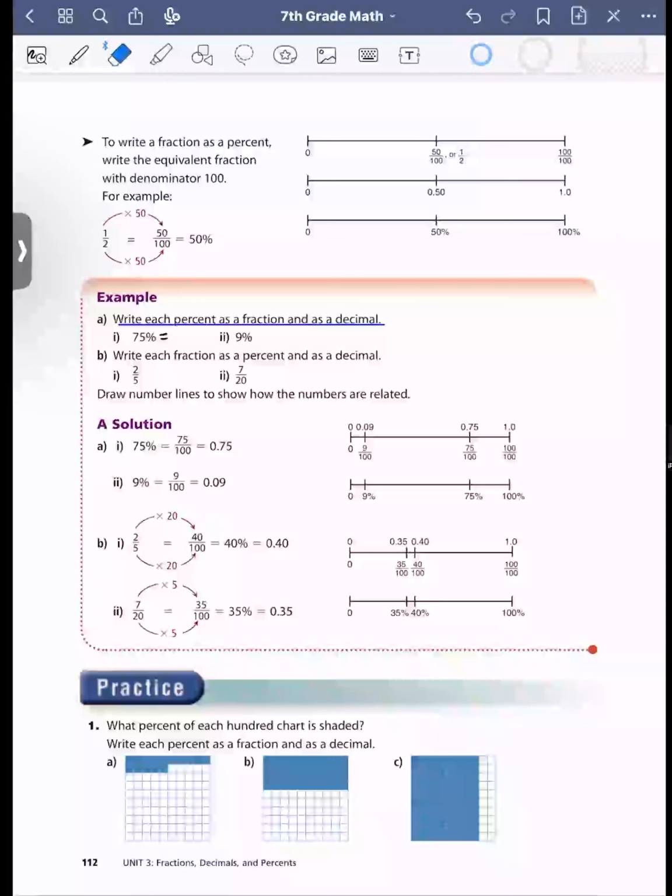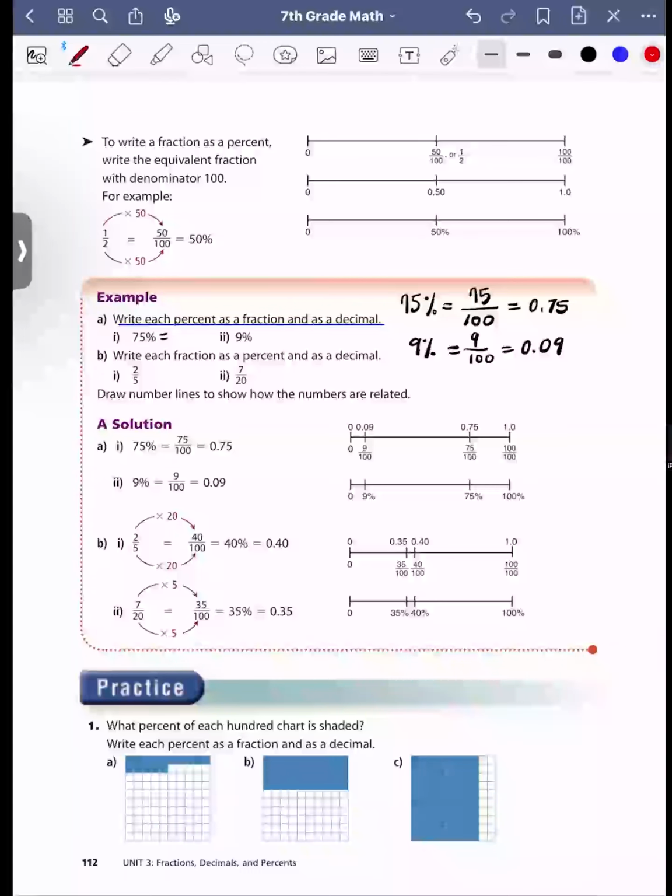So we have 75%, which means 75 out of 100, which is a fraction form, and then you can switch it into a decimal form, which is 0.75. We have 9%, which is 9 over 100, which is 0.09. Great job. Let's move on to the next one.